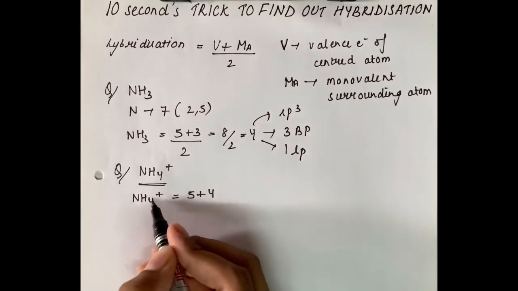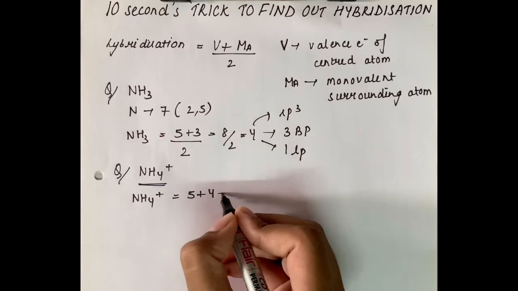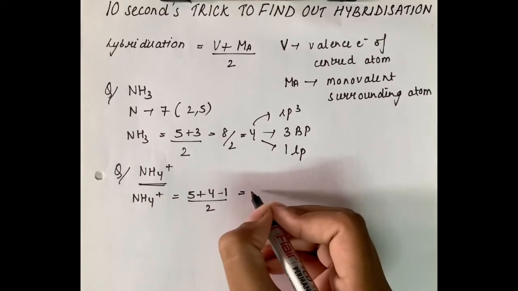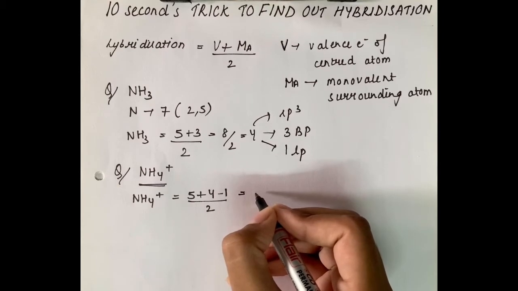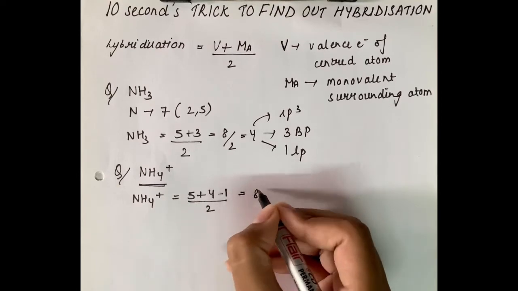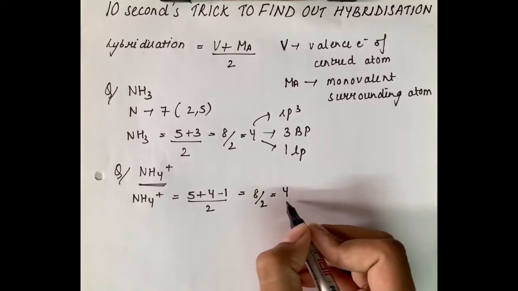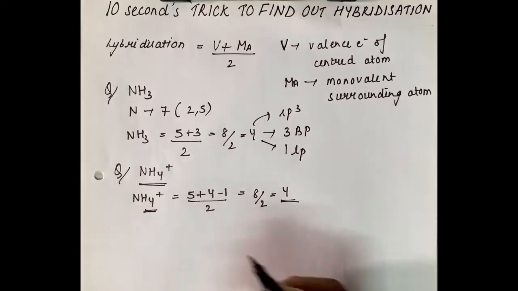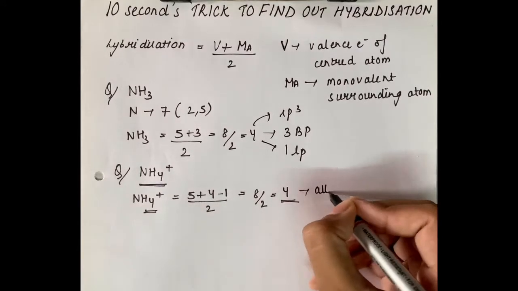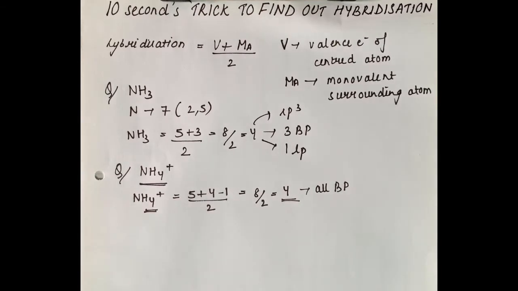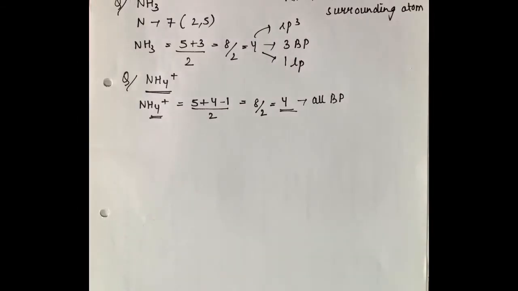But since there is a plus sign present, which means it is donating 1 electron, the formula will be 5 plus 4 minus 1 by 2, which again gives the answer of 4, and the hybridization will be sp3 and 4 bond pairs will be formed. Do remember that hydrogen, fluorine, chlorine, bromine and iodine, they all are monovalent atoms.